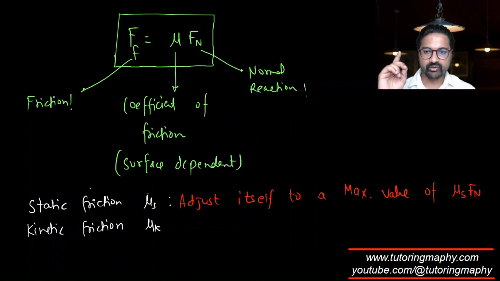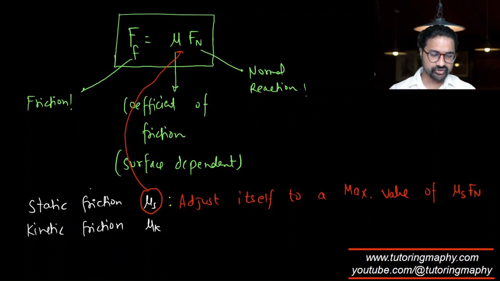Why mu s? Because mu s is the coefficient of static friction. So mu s times Fn is the maximum value of static friction to which it can adjust.